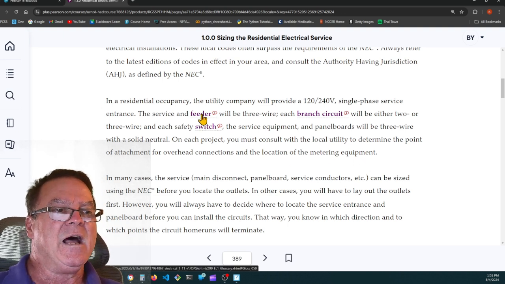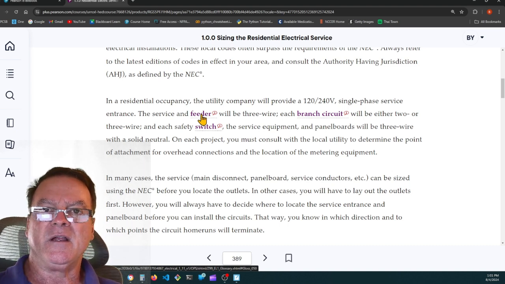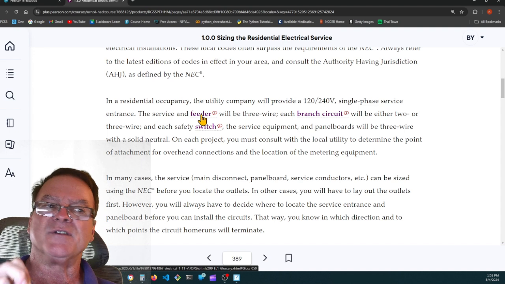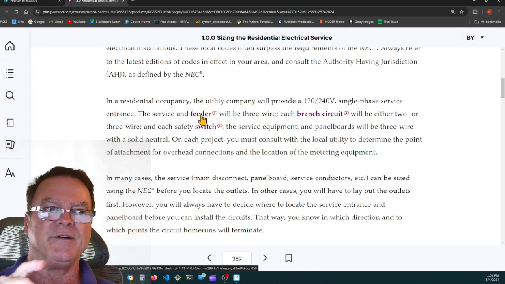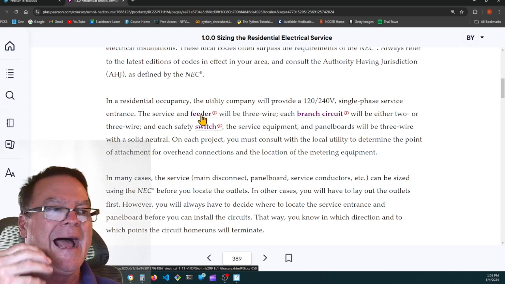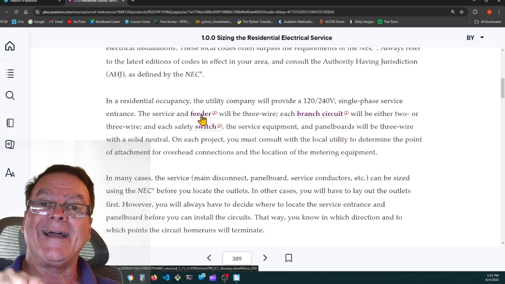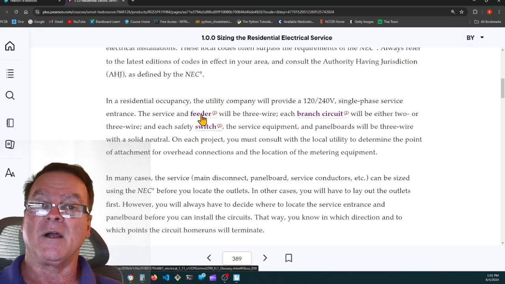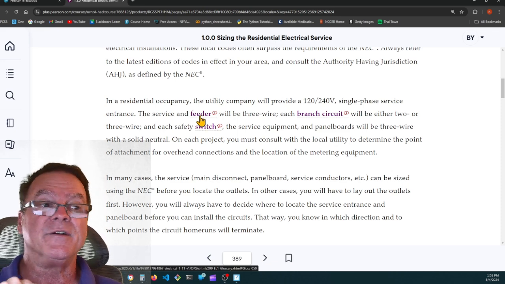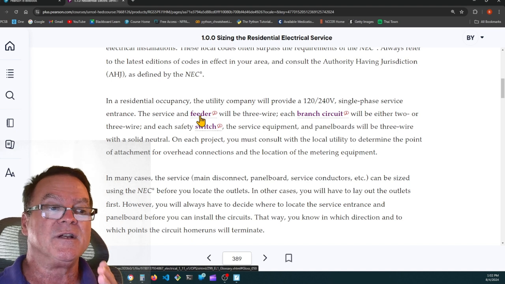So the incoming service ties in at this point of service into our feeders. Our feeders go down to, well, I want to change that. Our service entrance conductors go from the point of service to the line side of the meter socket. The feeders go from the load side of the meter socket into the panel, and consequently any other subdivision.